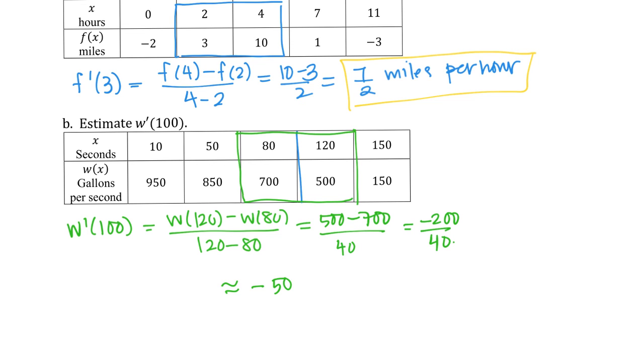And then what are we doing? We're doing the W of x over the x. So this is gallons per second. So gallons per second, and then I divided it by x, so it's per second again.